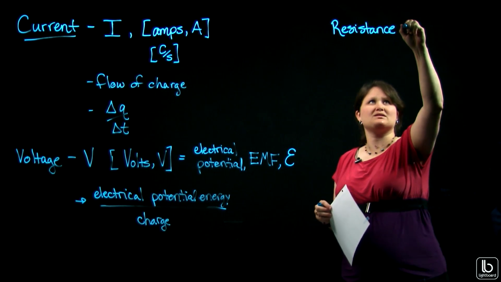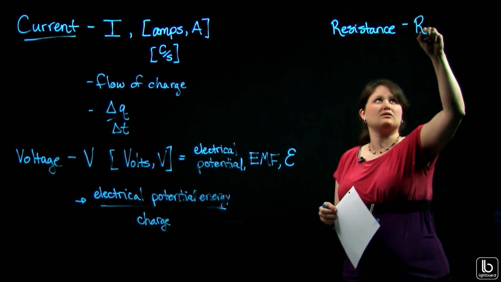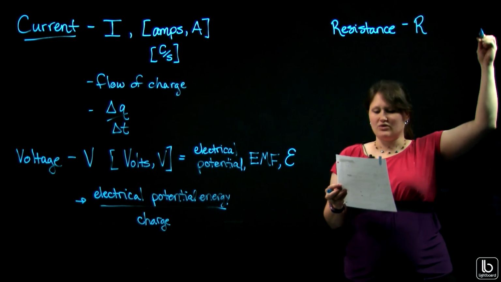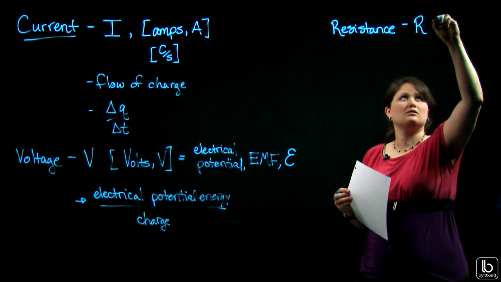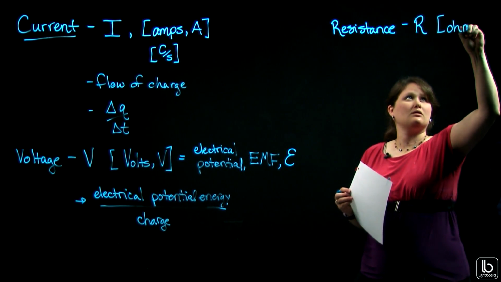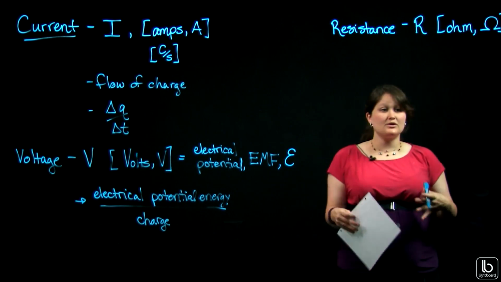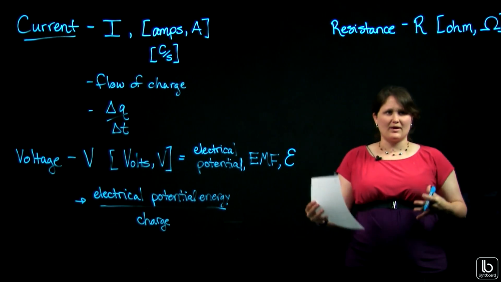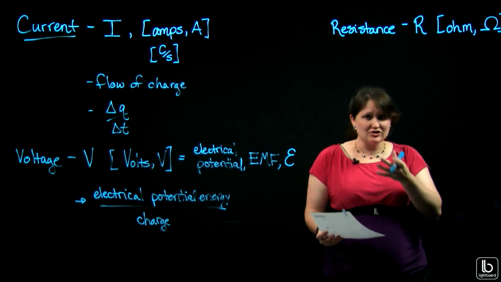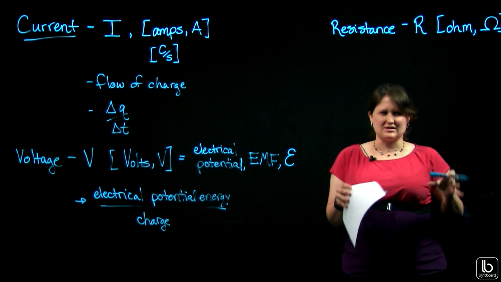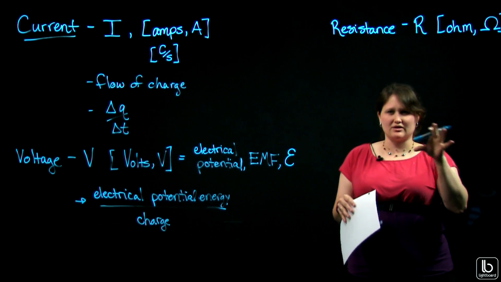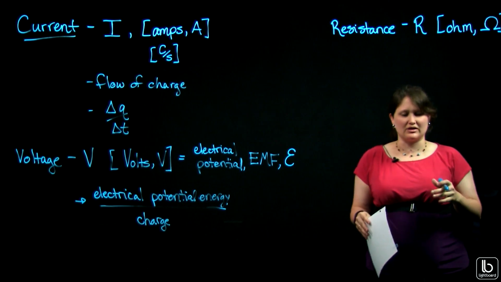And resistance in our equations is going to look like the letter R with units of ohms, represented by the Greek letter omega. So resistance is something that we kind of throw around in the vernacular, but we actually have a specific definition when we're talking about resistance in a circuit.